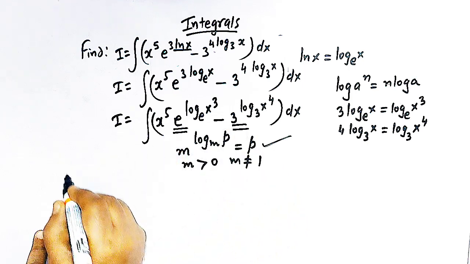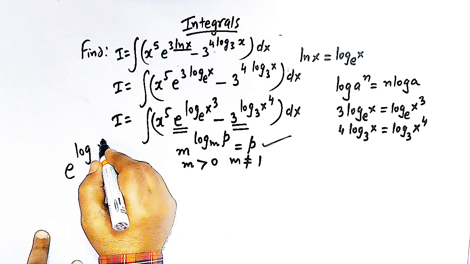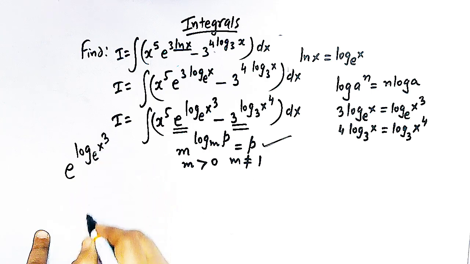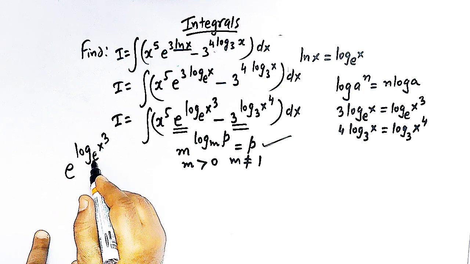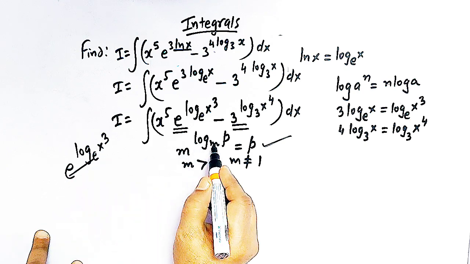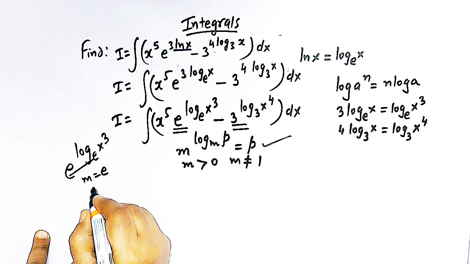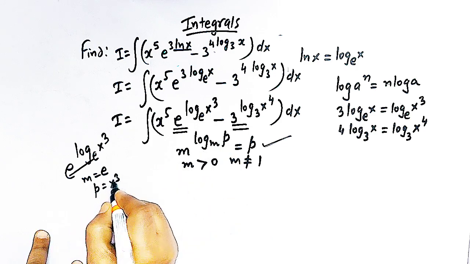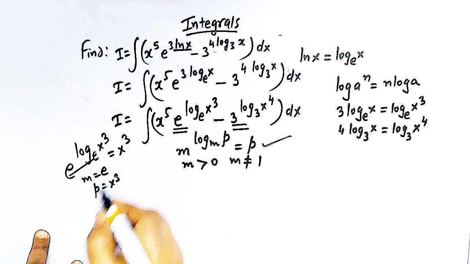So here we have e raised to log of x cube, and here we have the base e. So if we compare this expression with this one, then the value of m is e, and for p we have x cube. So this expression is equal to x cube.